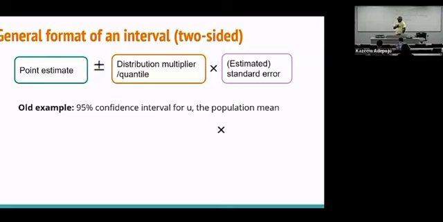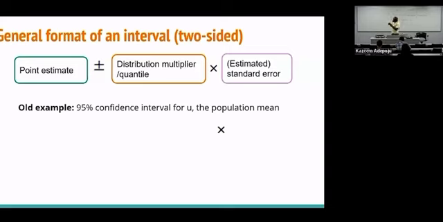If you want to describe something in an interval, you need to be able to disclose your level of confidence. What do we mean by level of confidence? The level of confidence and the level of significance are complementary. If the level of significance is 5%, the level of confidence is 95%. That's what we mean.